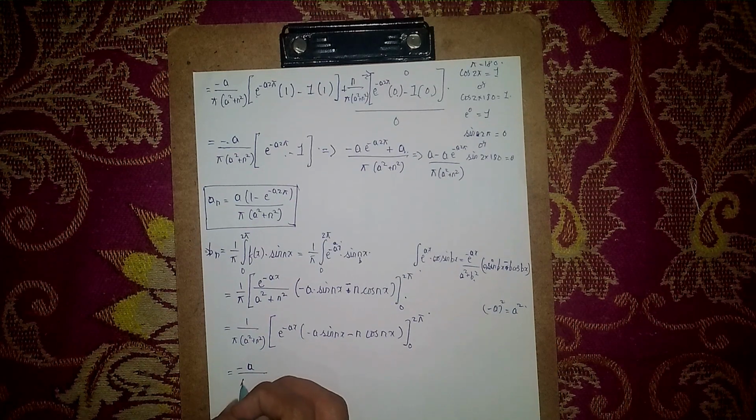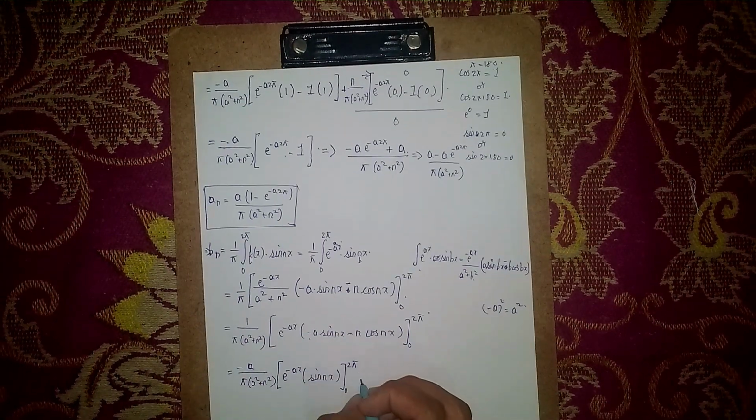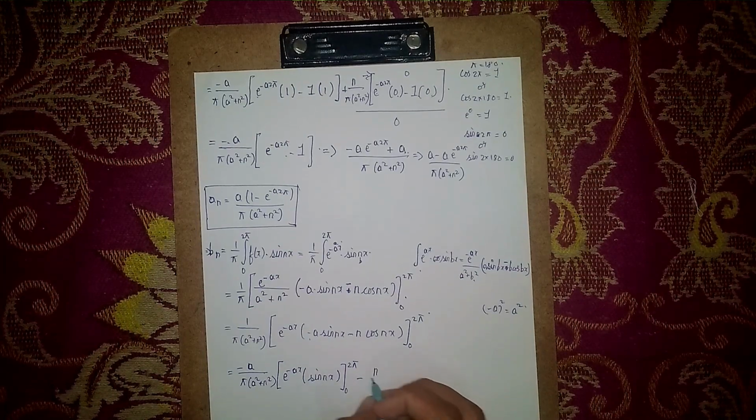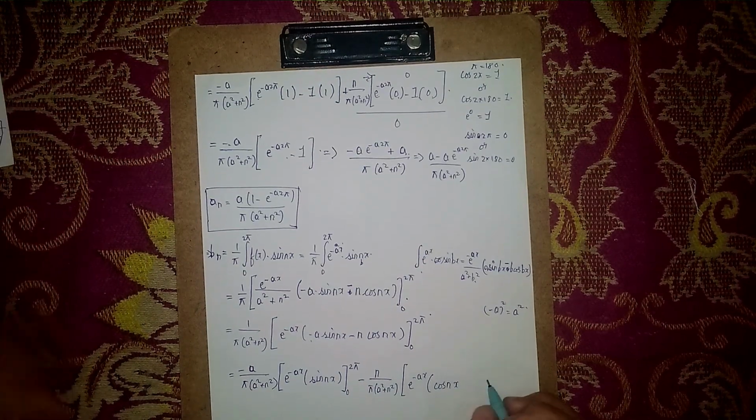Minus a by pi into a square plus n square, then open the bracket writing e power minus ax into sin nx, closing with 0 to 2 pi. I am just splitting this into parts. Then minus of n by pi into a square plus n square, then open the square bracket e power minus ax into cos nx, close the bracket, then 0 to 2 pi.